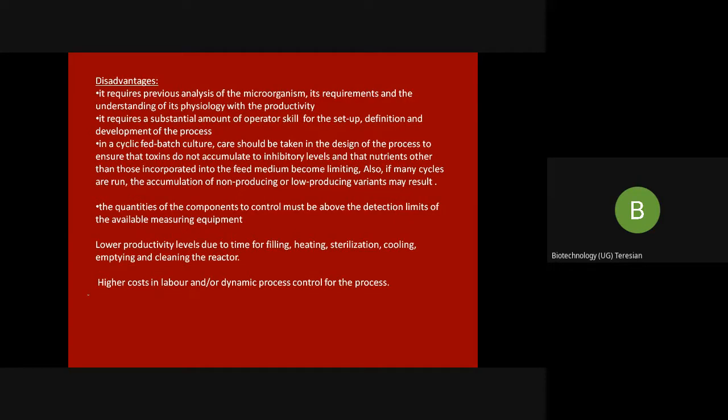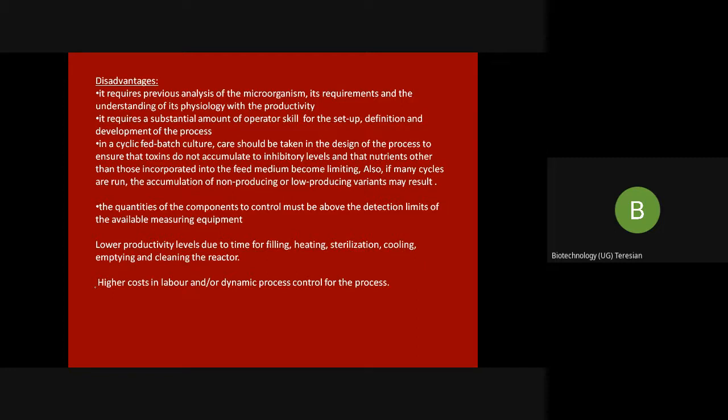right? Coming to the disadvantages, it requires previous analysis of the microorganism, its requirement and understanding of the physiology with the productivity. Obviously, when you are doing any fermentation technology, you should completely know about the microorganism, physiology of the microorganism.